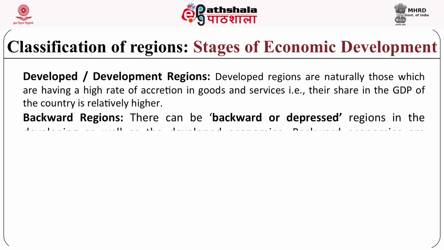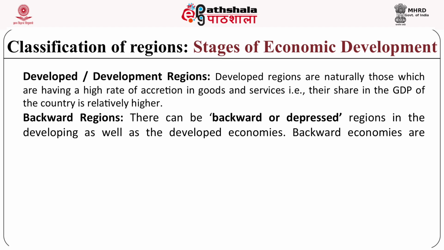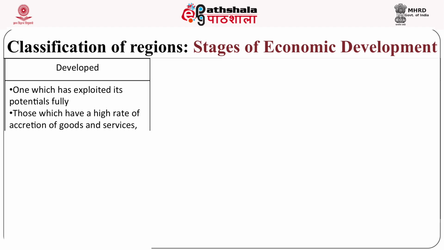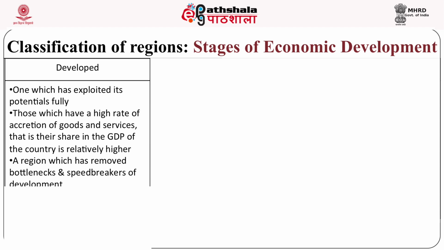Now what is a developed region? Developed regions are those which have a high rate of accretion in goods and services, and their share in the GDP of the country is relatively higher, and they have also overcome and addressed the challenges in the development of the region.